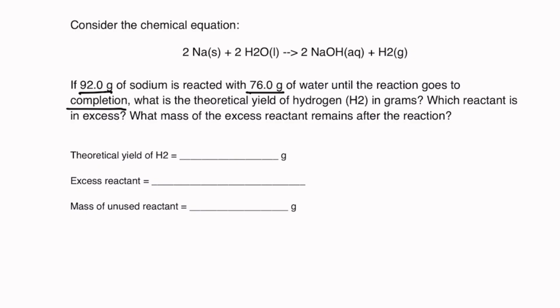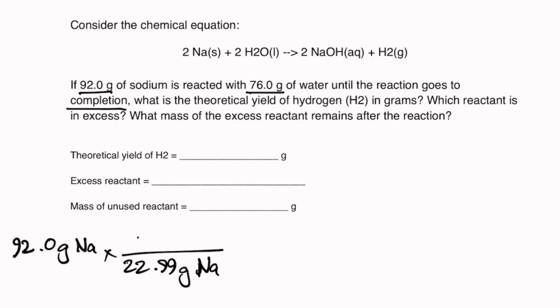So what I'm going to do here is set this up: 92 grams of sodium, and we're going to convert that into moles. So there are 22.99 grams of sodium. Let me double check that real quick. Yep, that is correct.